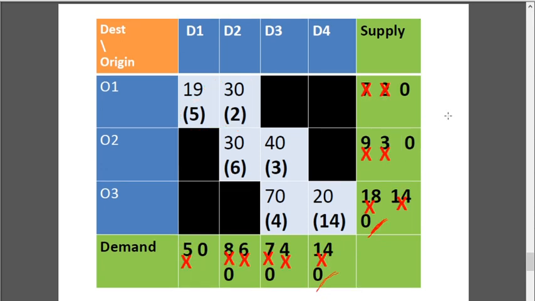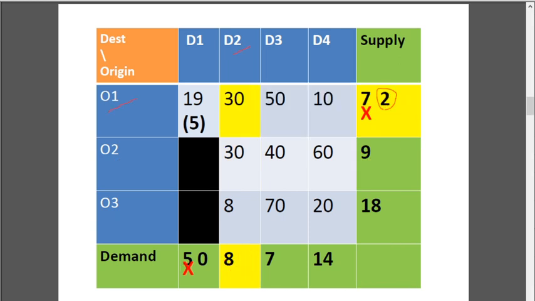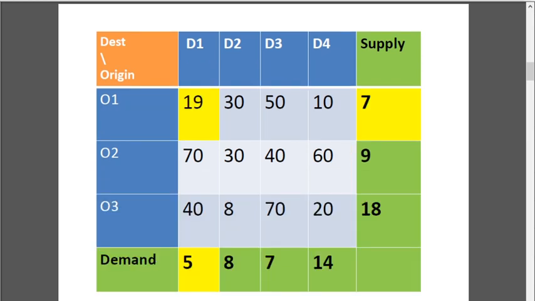Right? So just a quick recap. So in the northwest corner method, start from the top left cell. From the supply you have, satisfy the demand.